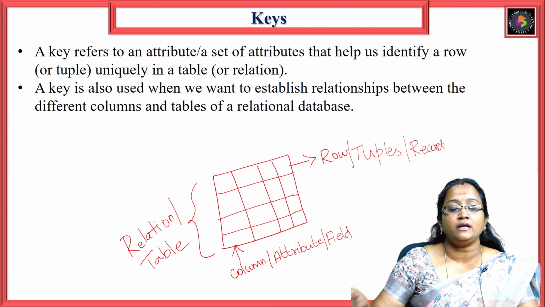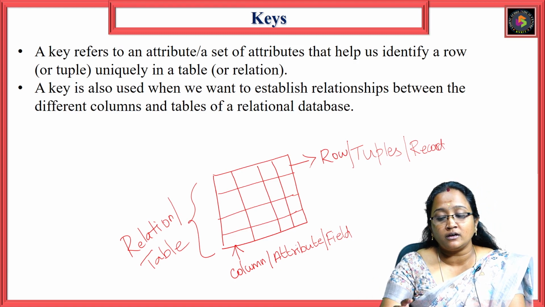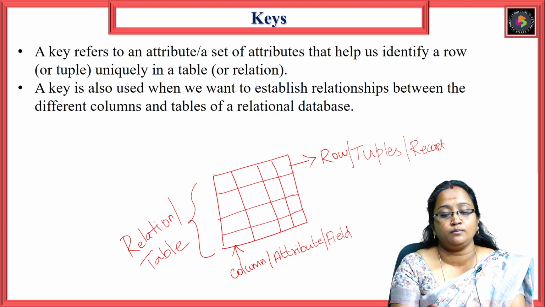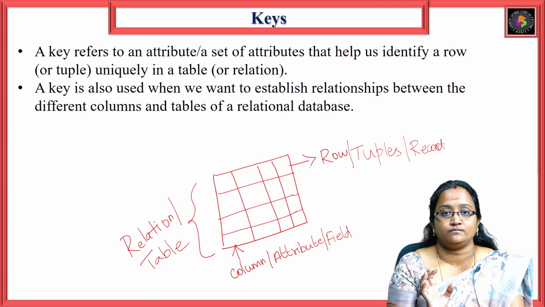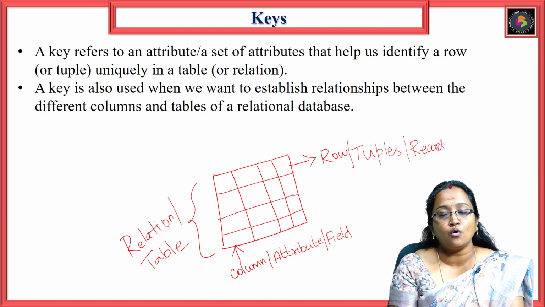So a key can be used to refer to an attribute or a set of attributes used to identify a row uniquely in a relation or a table.